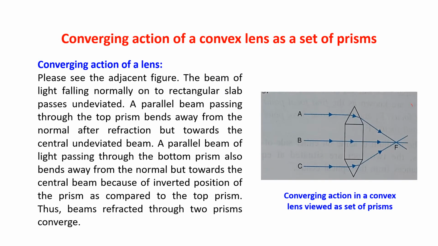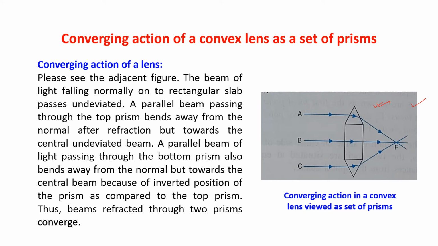Look at the diagram here. It is showing the converging action of a convex lens as a set of prisms. As I have already told you, a convex lens can be considered as made up of two prisms. The lower one is in the inverted position with respect to the upper one, and the middle one is acting as a rectangular glass block.